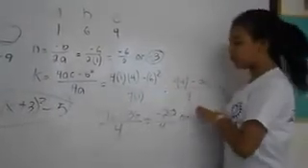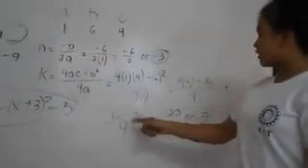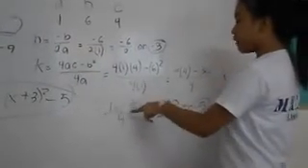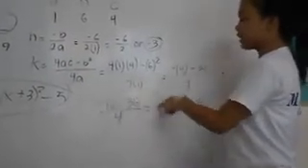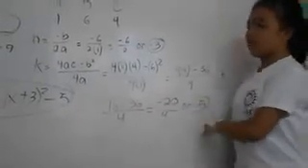That is negative 20 because 16 minus 36 is negative 20, all over 4, and the answer is negative 5.